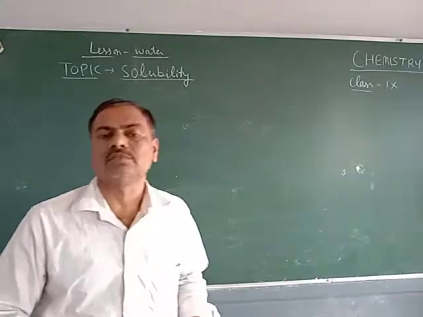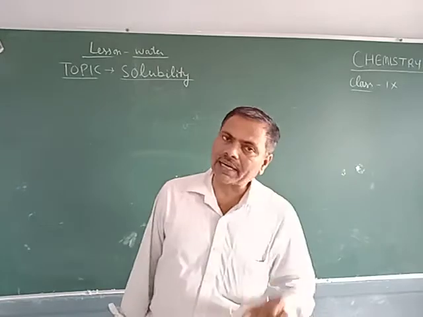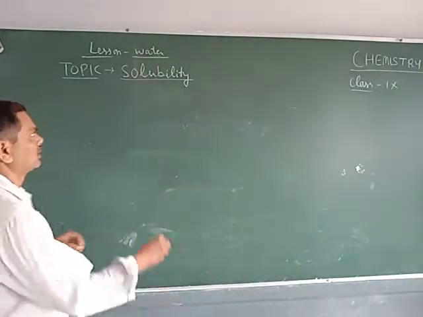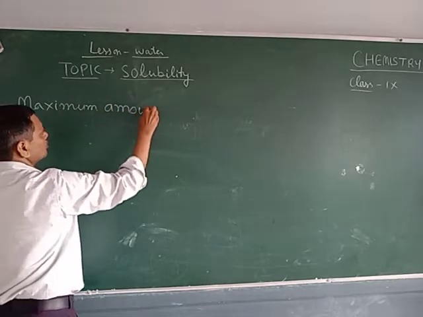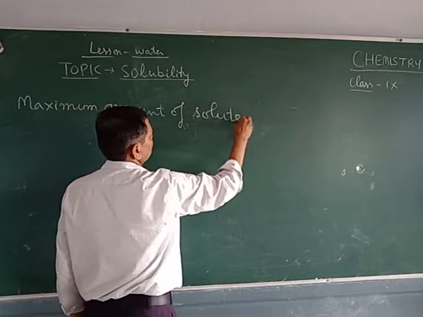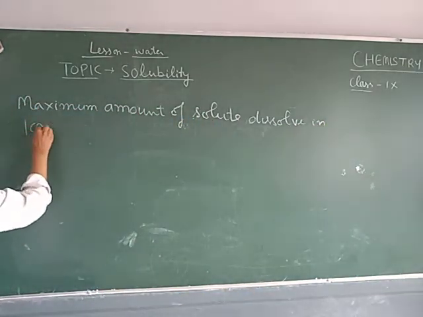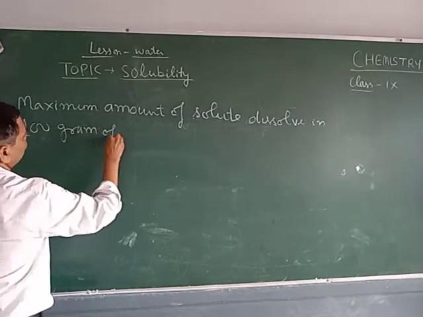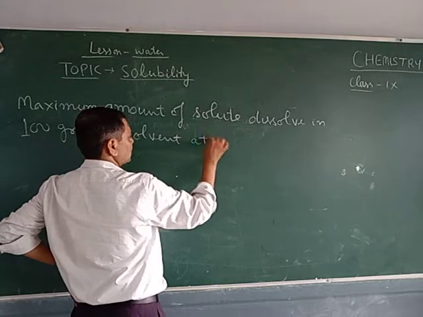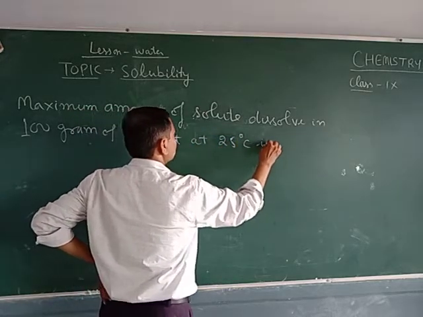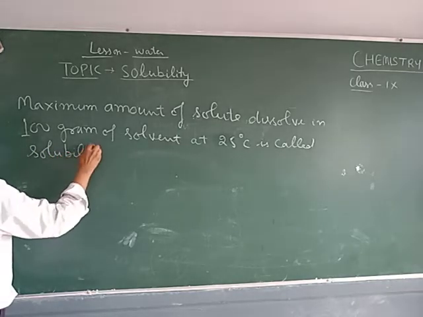Then how can you define solubility? The standard definition: solubility may be defined as the maximum amount of solute dissolved in 100 gram of solvent at 25 degrees Celsius.